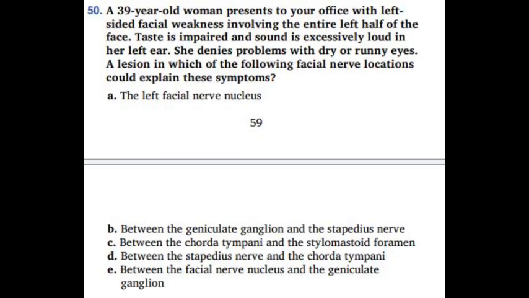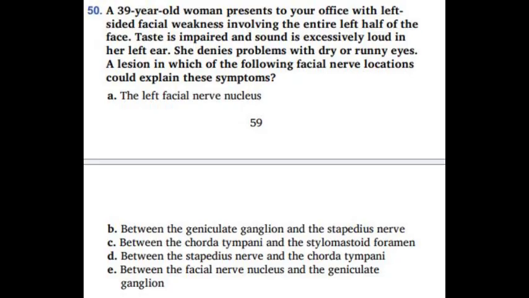A 39-year-old woman presents to your office with left-sided facial weakness involving the entire left half of her face. So the entire left half of her face basically means we have a lower motor neuron lesion. Taste is impaired and sound is excessively loud in her left ear. So sound being excessively loud in the left ear means that something is going on with the stapedius, with the nerve to the stapedius.